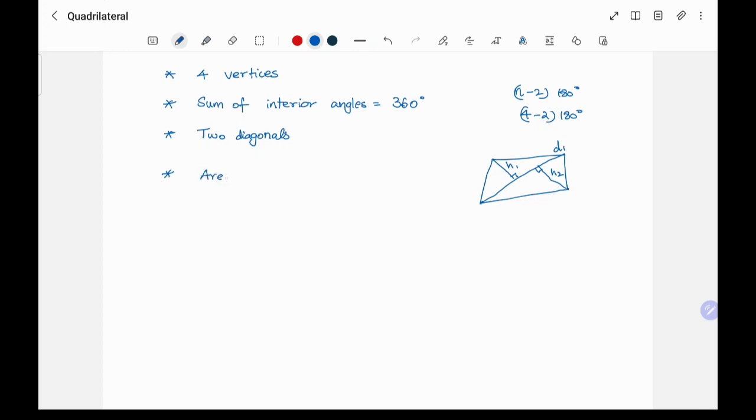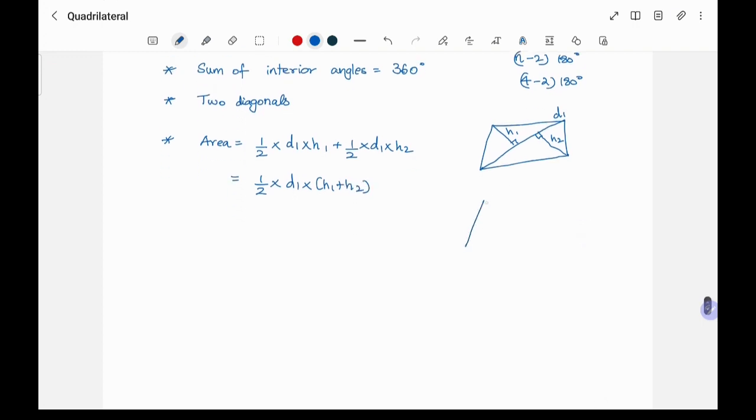So the area of this quadrilateral will be half into d1 into h1 plus half into d1 into h2, which is nothing but half into d1 into (h1 plus h2).